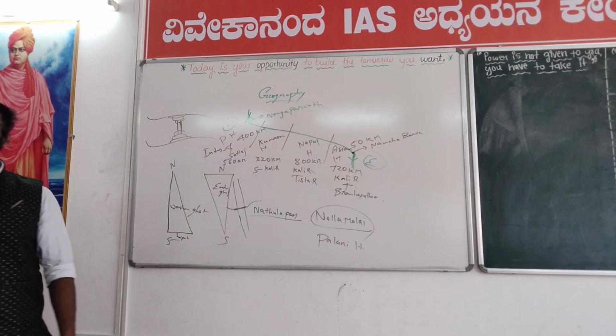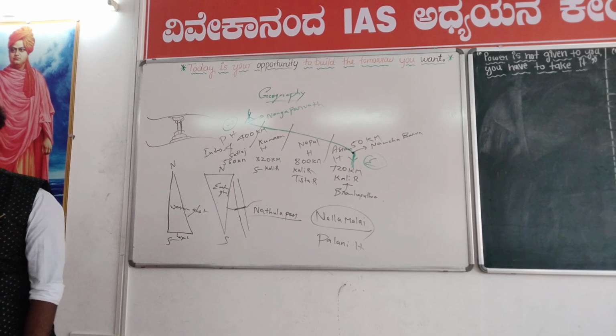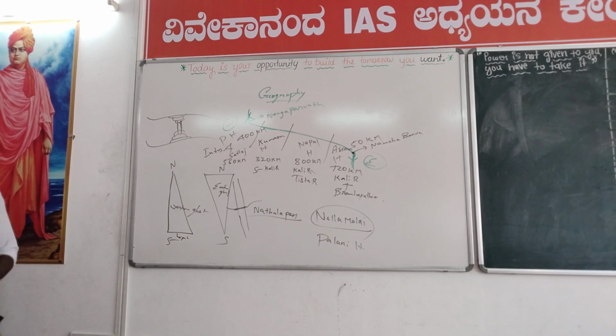See, there are 3 important groups of islands in Lakshadweep. The northern side is called Amindivi Islands.